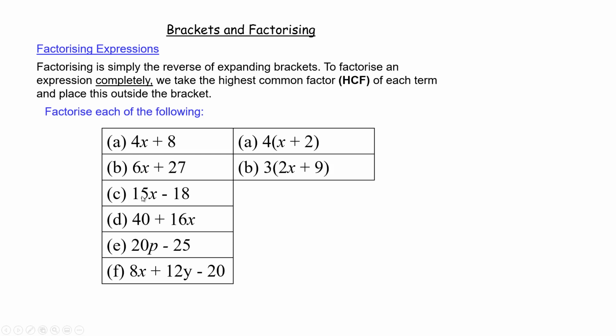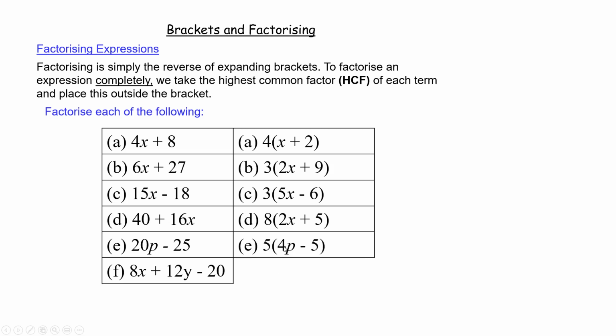Again, into 15 and 18, 3 goes into both of those. Into 16 and 40, you should have 8, brackets 2x plus 5, 5 brackets 4p minus 5, and I've got 3 terms here, and 4 goes into 8, 12 and 20.